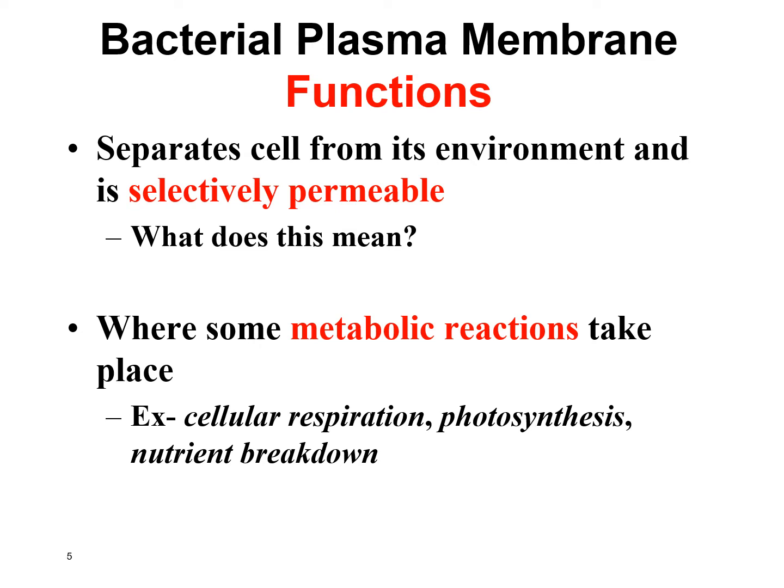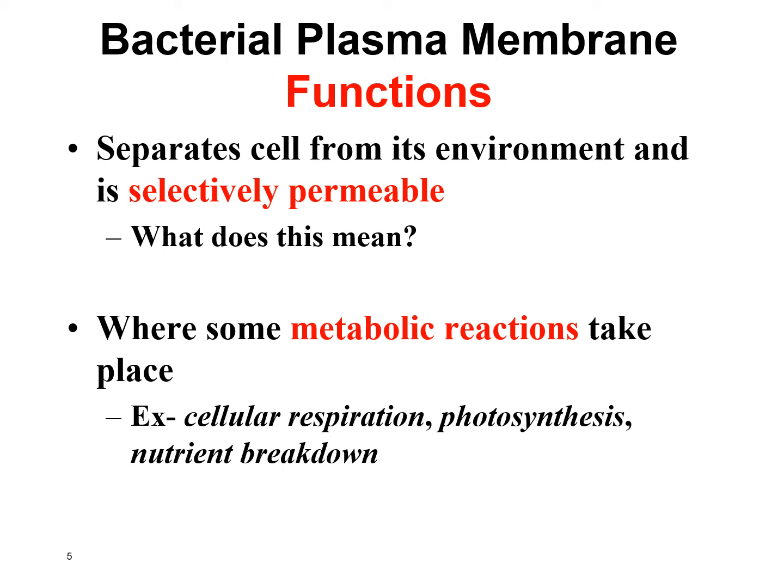So when they make ATP, and if they're using aerobic or anaerobic respiration, they have an electron transport chain. And that electron transport chain is actually just embedded right in the plasma membrane because they don't have mitochondria to put the electron transport chain in.